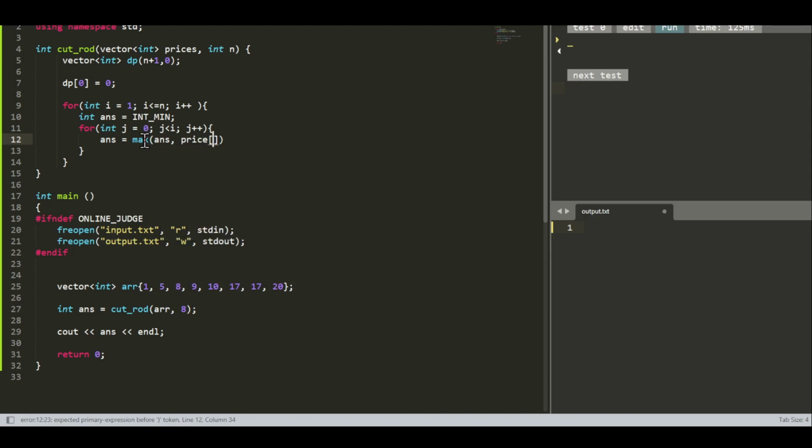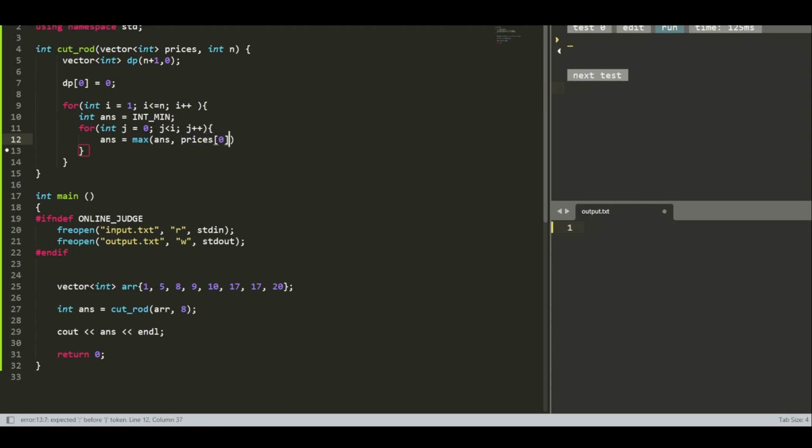price of, if we make a cut at the jth index, j equal to 0 is representing that we are making a cut of length 1. So the price of a rod of length 1 is represented by price of 0, the 0th index of the price array.